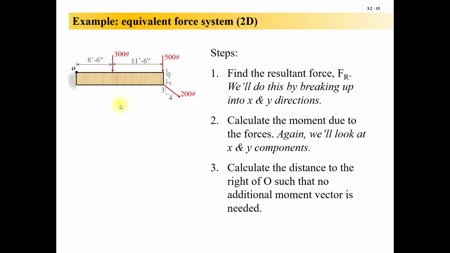So when I do these, I usually end up calculating the moment and even drawing it oftentimes on my diagram so that I see it. So we'll basically simplify this into a force and couple system and then simplify it one more time into just a single force system.